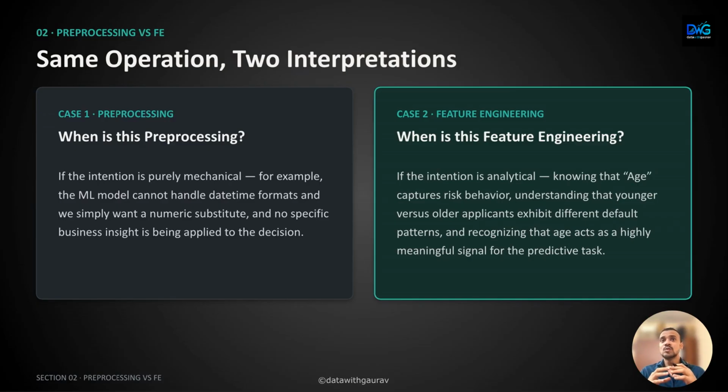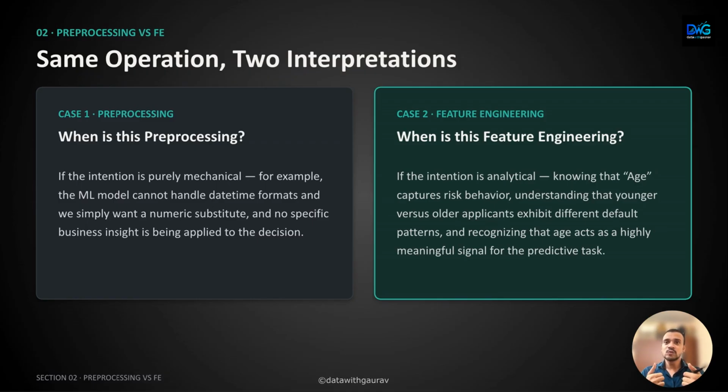In that case, you convert date of birth into age simply because the model needs a numerical value, right? You are not making any assumptions about whether age is important for the prediction or not. You are just making the data compatible with the algorithm. In this situation, the transformation is data pre-processing because its purpose is purely technical.